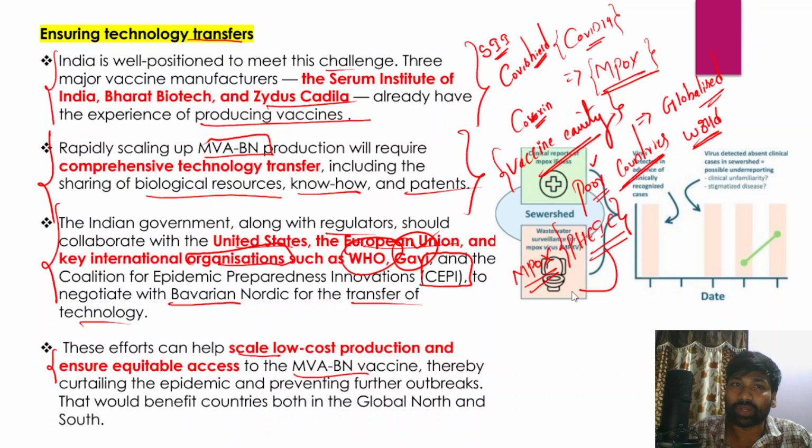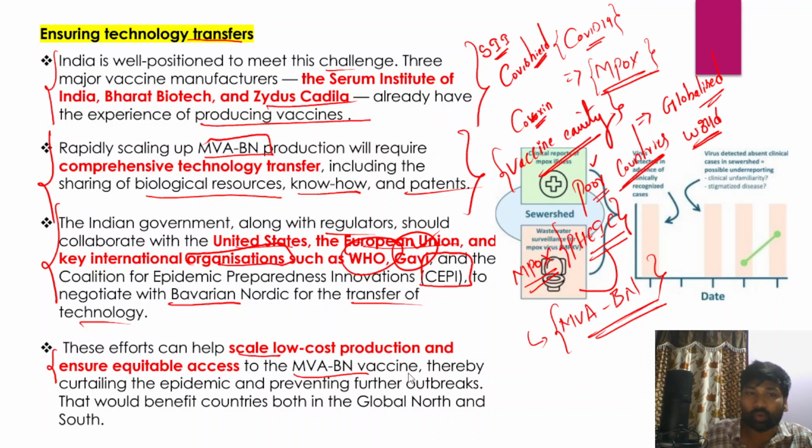As of now, the only available vaccine at the international level is MVA-BN. India already has the technical know-how and a lot of vaccine manufacturing facilities. So this technology has to be transferred to India, so that it would ensure equitable distribution of vaccines to poor and underdeveloped countries, and that could effectively prevent the further outbreak of the mpox virus.